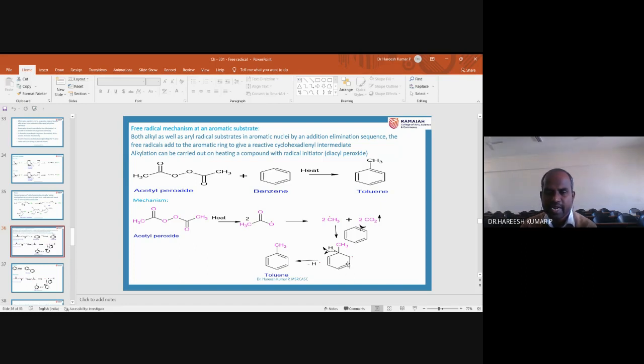This radical is stabilized through resonance, and at the end loss of hydrogen radical, giving rise to toluene as the product. So this is how the benzene is converted into toluene. Let's look into a few more examples.